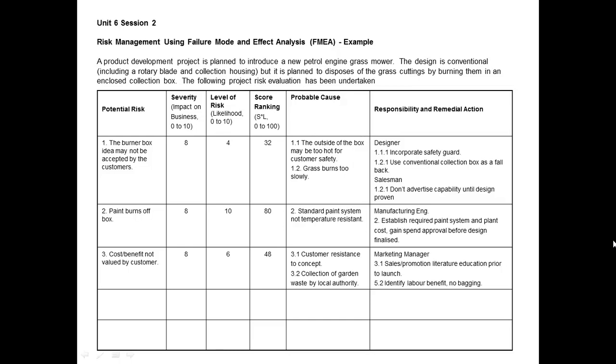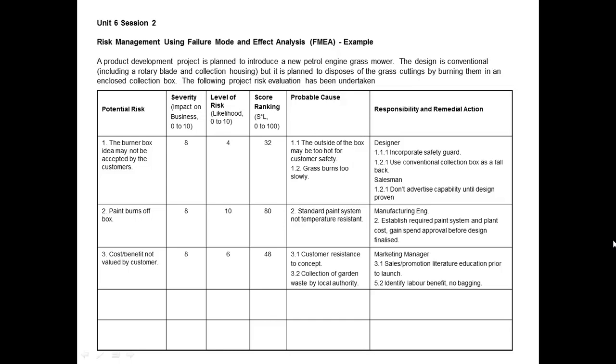People can use 0 to 5, 0 to 20, 0 to 100, but it should go from 0, there is no severity or there is no risk of this occurring, and therefore it's always 0 to something. If we multiply the two numbers together, or we multiply severity with level of risk, we end up with a score ranking. Clearly, in this case, that'll go from 0 to 100.